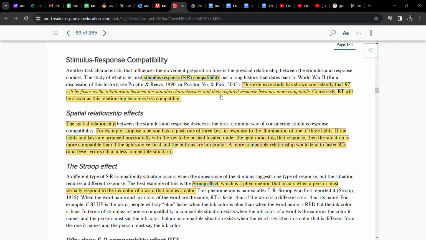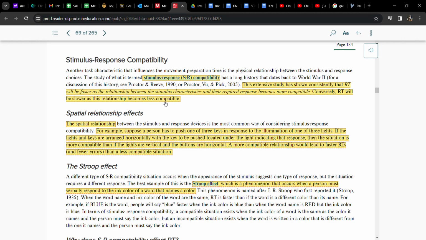And then how compatible is that stimulus and that response? So if you have a compatible stimulus and response, your reaction time will be faster as the relationship between that stimulus and the required response becomes more compatible. Conversely, your reaction time will be slower as this relationship becomes less compatible.